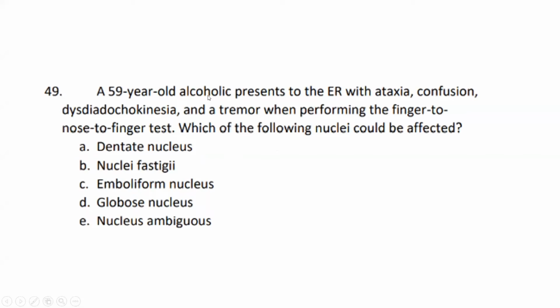Back to this case. A 59-year-old alcoholic. She has ataxia, confusion, and dysdiadochokinesia. And there's a tremor performing a finger to nose to finger test.